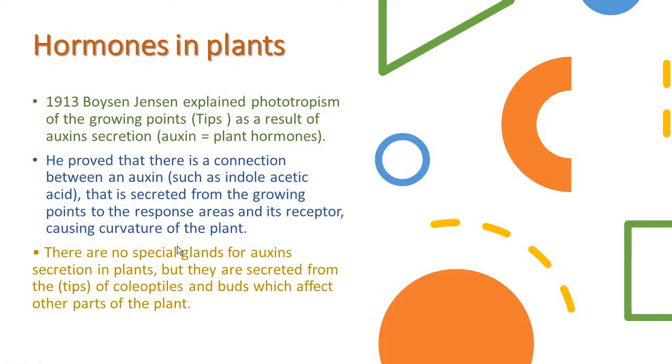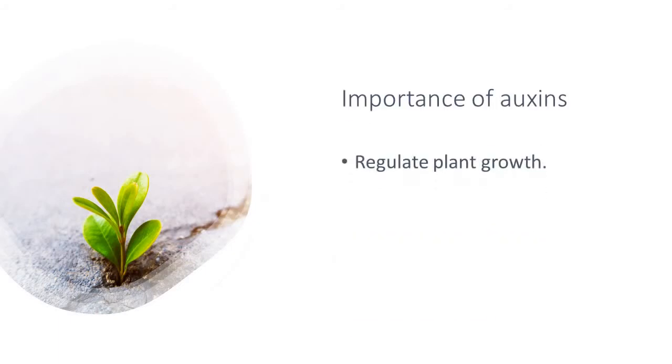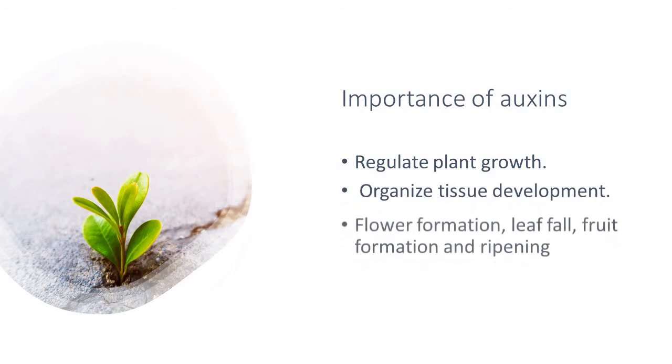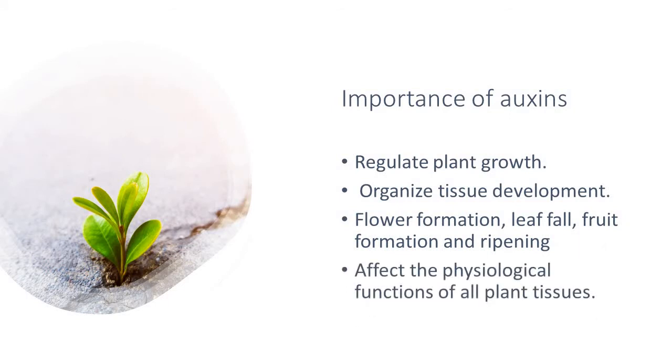So here, Boysen Jensen explained this part about hormones in plants. Of course, auxins are very important because they regulate plant growth as hormones for growth. Also, they organize tissue development, all the development that happens inside the tissue. They form the flower and the fruit and are responsible for growth.